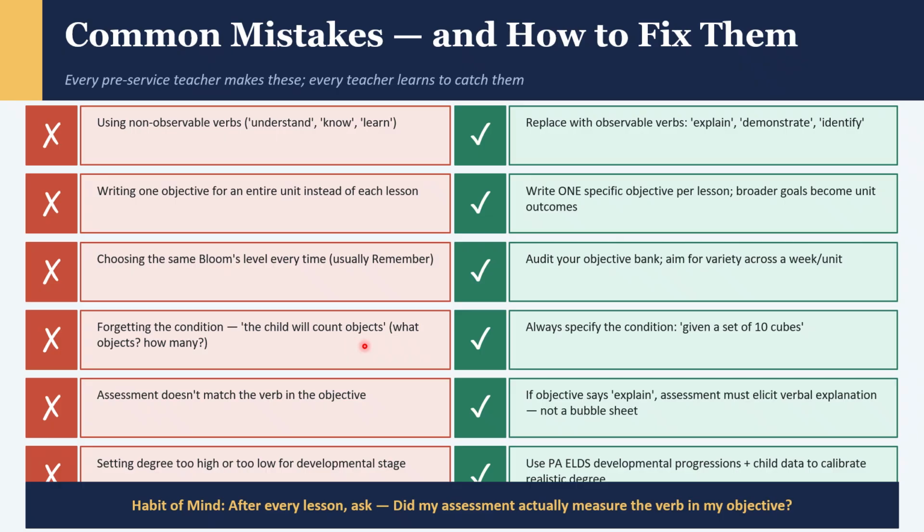The child will count objects. What objects? How many? The assessment doesn't match the verb, and this happens a lot. You want them to do something, but the way that you're going to assess them is completely different. Setting the degree too high or too low for the developmental stage. So those are some common mistakes, and here's how to fix them.